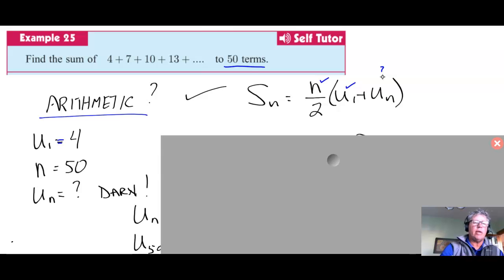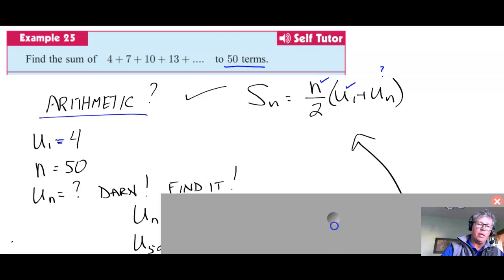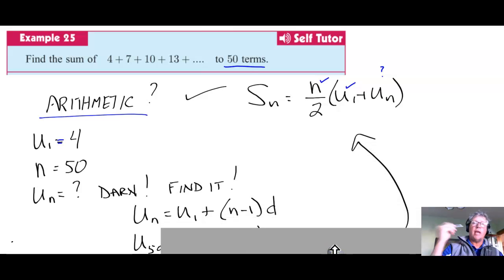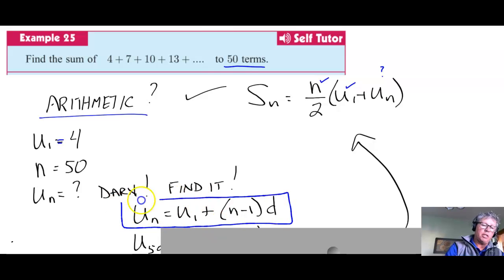Well, we could add 3 a bunch more times until we get to the 50th term, but we're smarter than that because we have one other formula. That is what we've been using: the explicit formula, the nth term formula. So we can use this to find u sub 50.